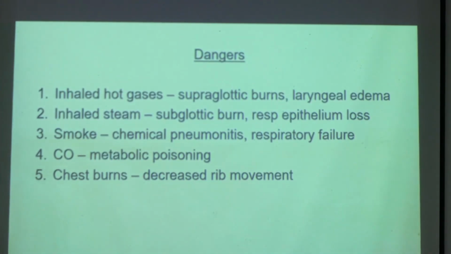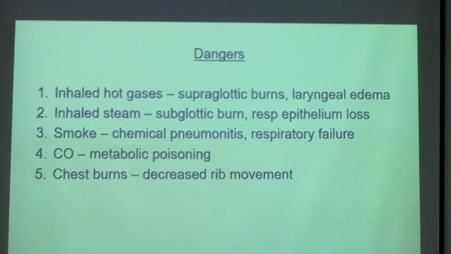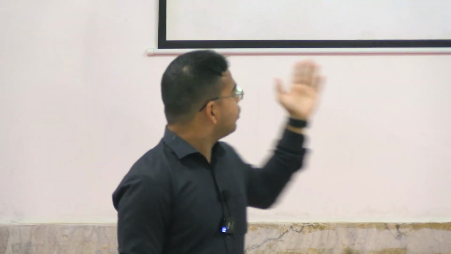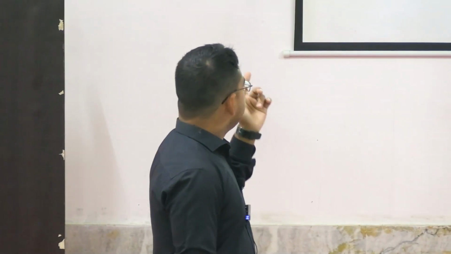Now, what are the dangers associated with inhalational burn? If the patient has inhaled hot gases, you know where the glottis is? It's a part of the larynx. When the patient has inhaled hot gases, there will be supraglottic burns and laryngeal edema. In case of inhaled steam, there will be subglottic burn, and the epithelium of the respiratory tract will desquamate.